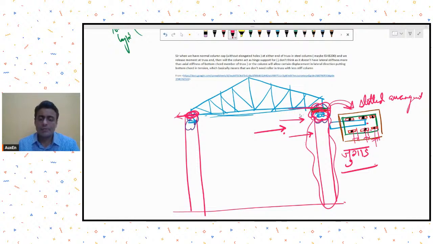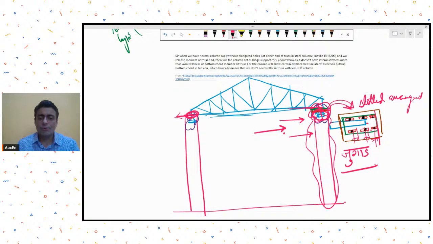Do you understand? Till a certain amount of lateral translation, this column is a cantilever right now. Maybe beyond that, when, let's say, this green plate reaches the end of the slotted hole, then you can say that it becomes a propped cantilever. But till that time, this column is a cantilever.